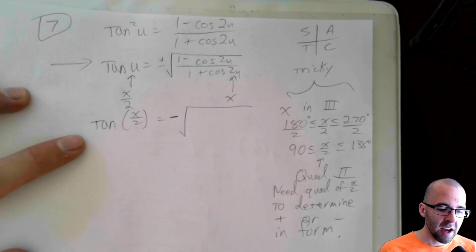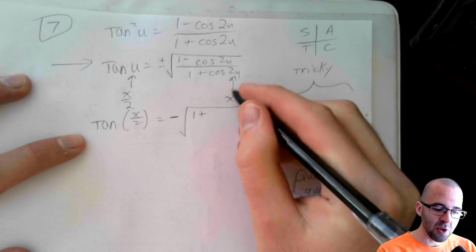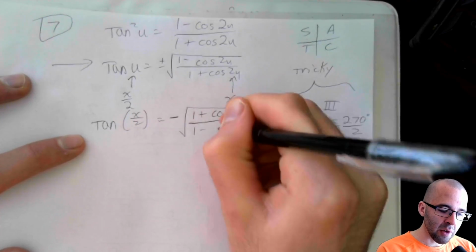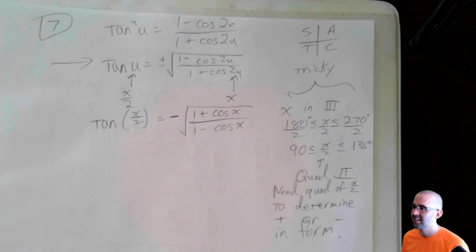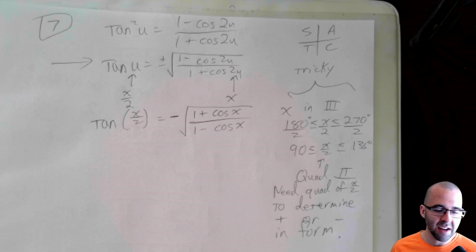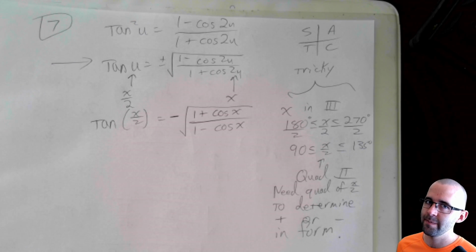Okay. And then we just fill things in, right? This becomes 1 plus, we said 2u is the same as x. So this is going to be 1 plus cosine of x divided by 1 minus cosine of x. And again, something like number 7 really will be probably one of the hardest things that you can see on this exam.